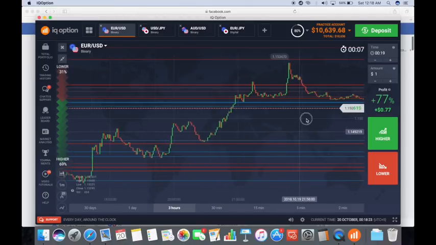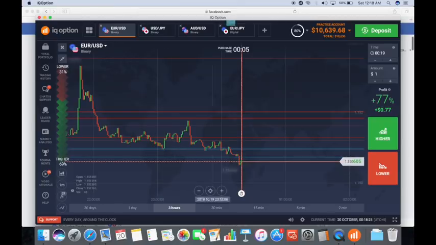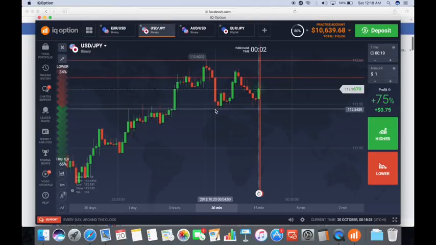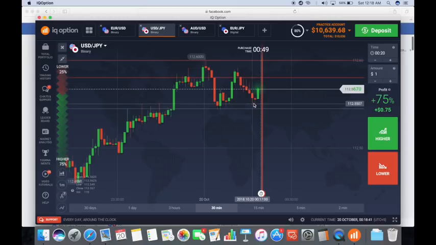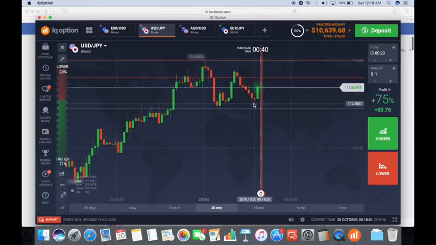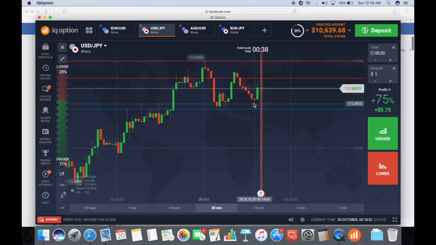All of these levels have been tested. Let's see. Oh, I missed it, right? I was expecting this doji, but I missed it. It's okay. I was going towards the supply levels.